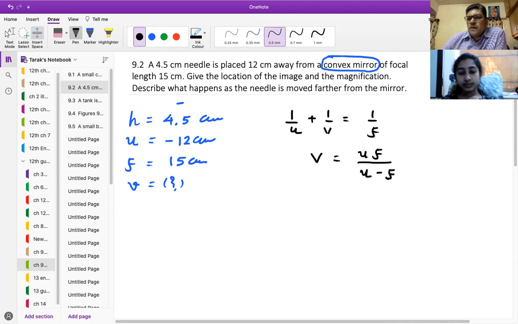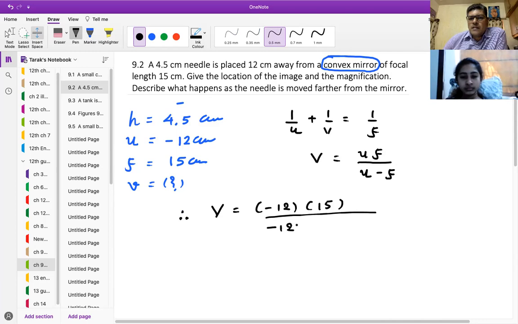Putting all signs in the equation: my u is minus 12, my f is 15, and u minus f is minus 12 minus 15, which is minus 27. In the numerator, 15 times minus 12 is minus 180.